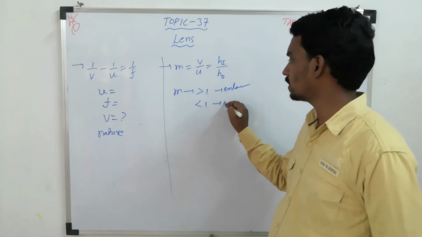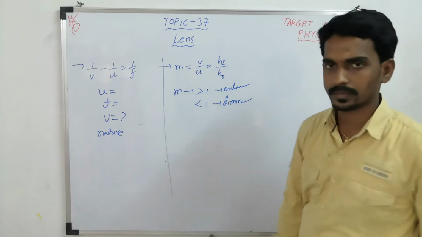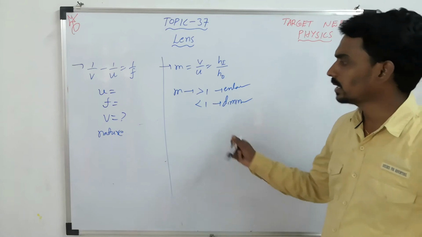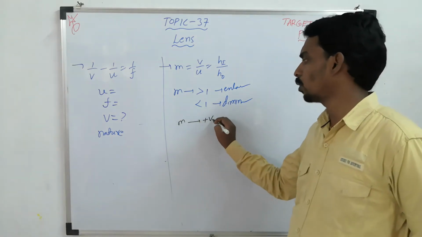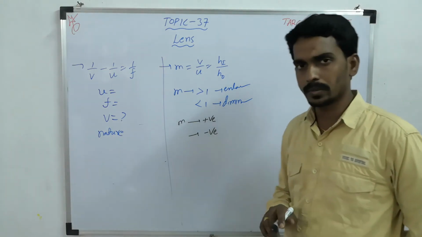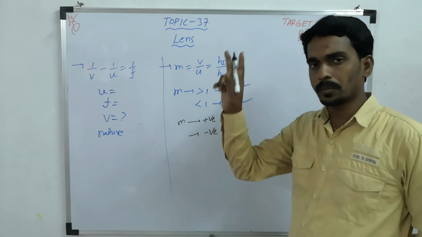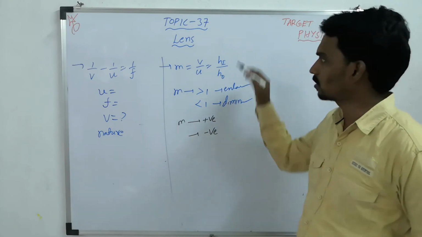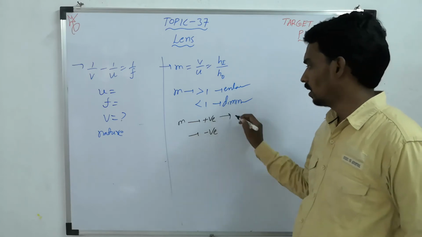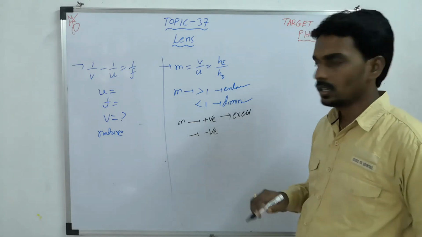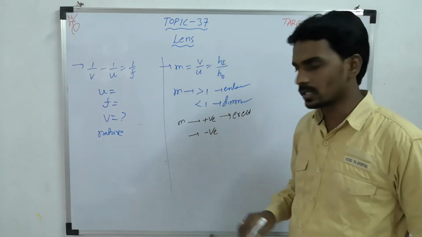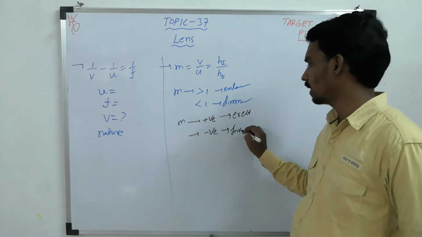If magnification is less than 1, it is diminished. Similarly, the magnification sign may be positive or negative. Positive magnification means object and image are both above the principal axis or both below it, plus plus or minus minus. If one is above and one is below, one plus and one minus, then magnification is negative, and that represents an inverted image.